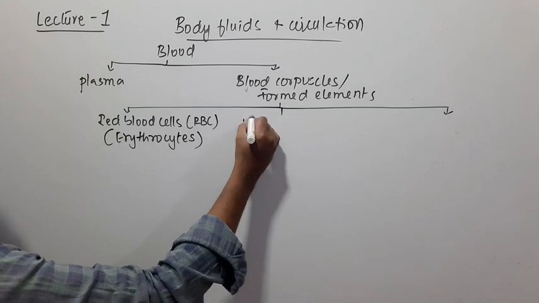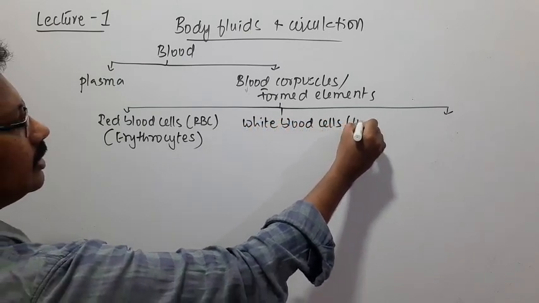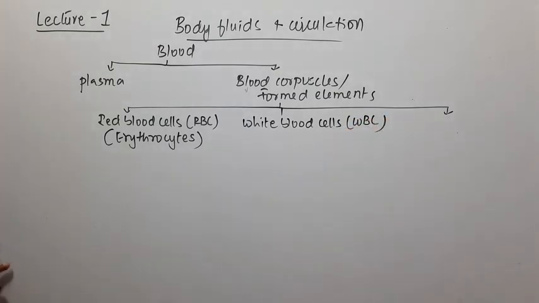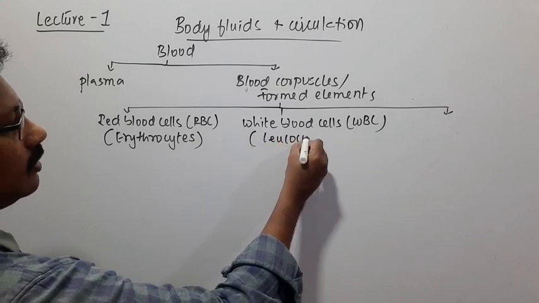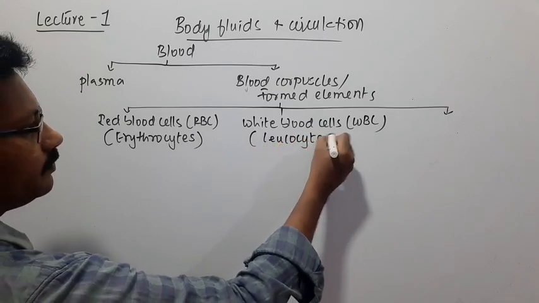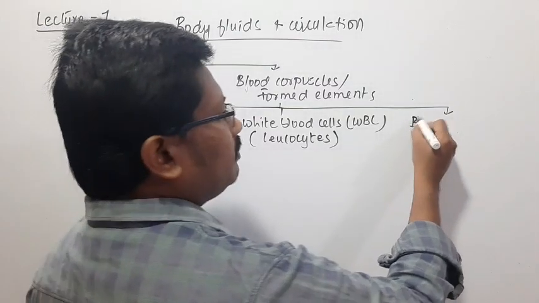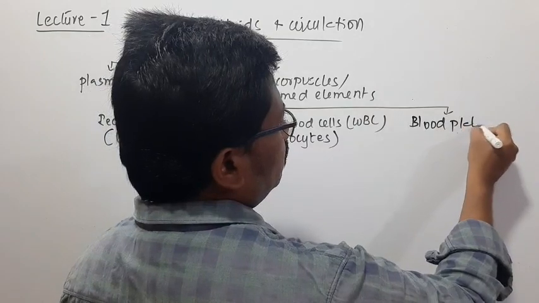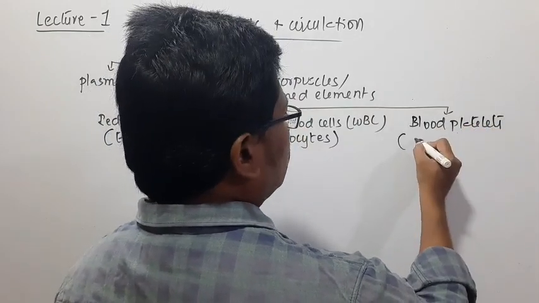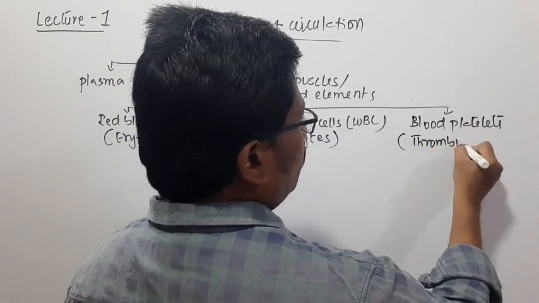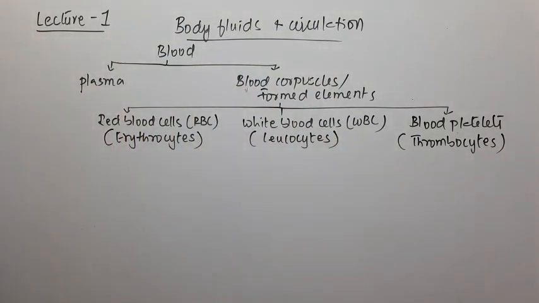Then next we have white blood cells, in short the WBCs, and these are called leukocytes. And then the third one are the blood platelets, which are called thrombocytes.